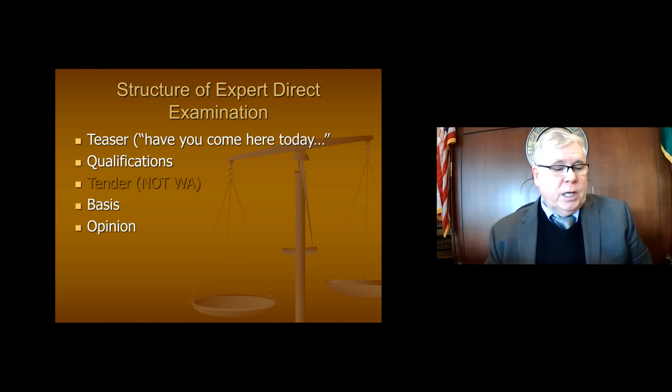And the question is simply, Doctor, have you come here today to state an opinion as to the cause of death of Bruno Summers? Doctor, have you come here today prepared to state an opinion about Deborah Summers' mental health? Sir, have you come here today prepared to state your opinion as to the cause of the accident?